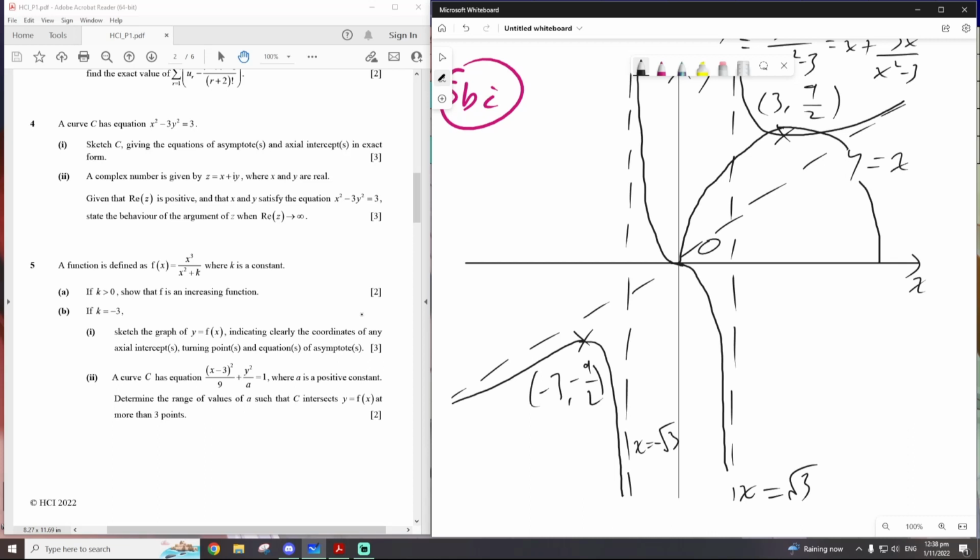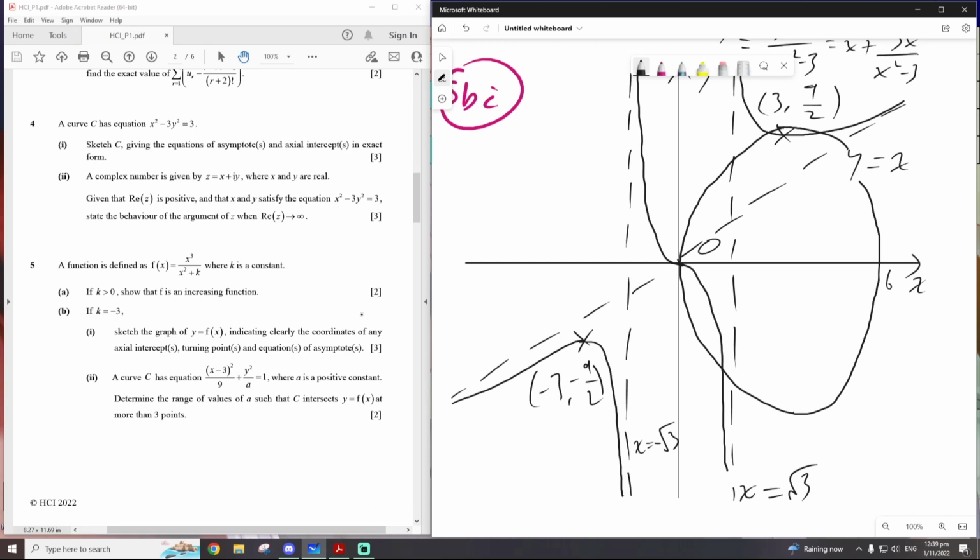Same idea goes down here. I continue my ellipse. So this is the intercept that corresponds to 6.